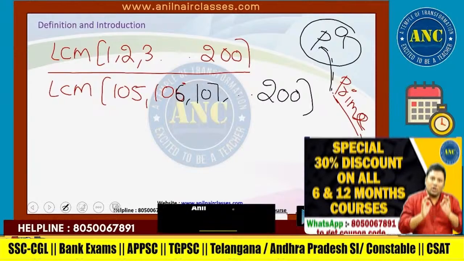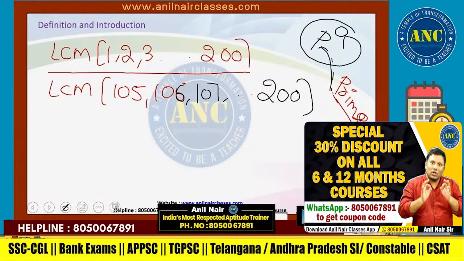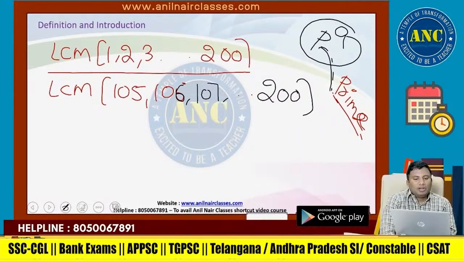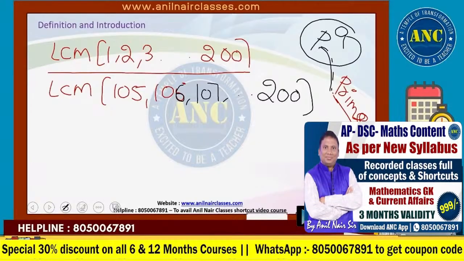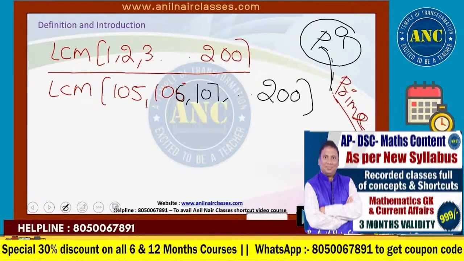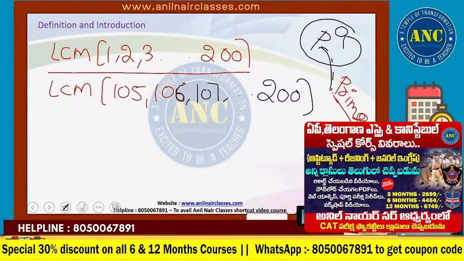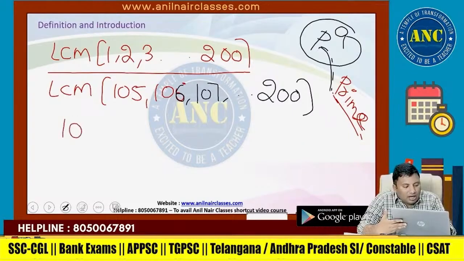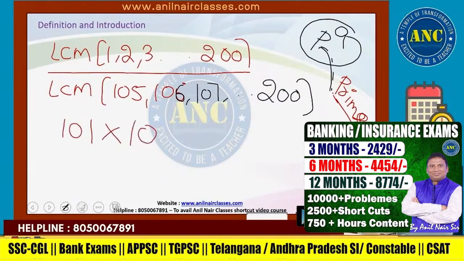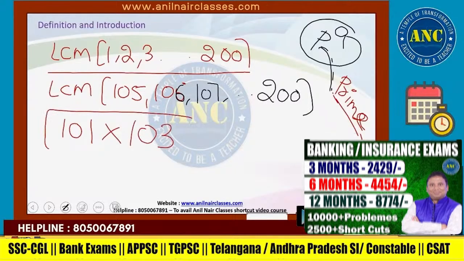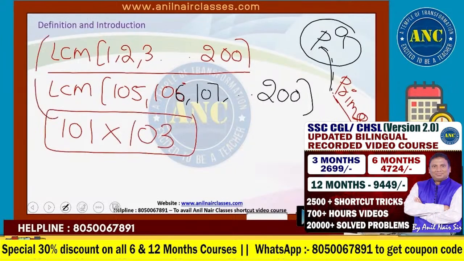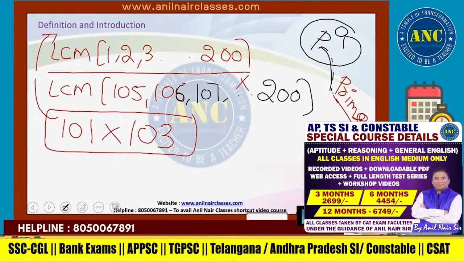Now tell me what is the answer for this question. LCM of 1 to 200 divided by LCM of 105, 106, 107 till 200. I am giving you time to think. From 1 to 200 and 105 to 200, the numbers which are missing are 101 and 103. 101 and 103 will come in the above set, but it will not come in the down set.